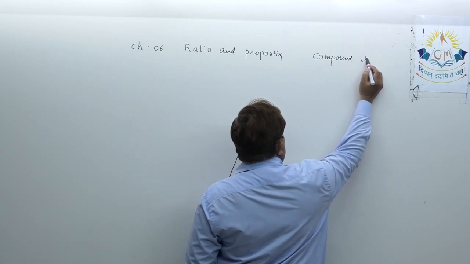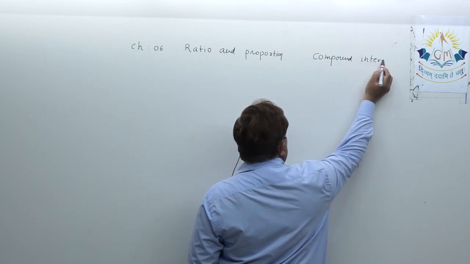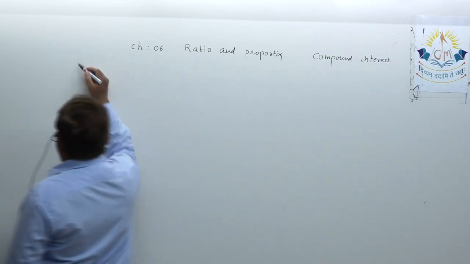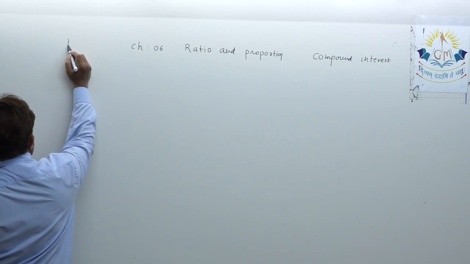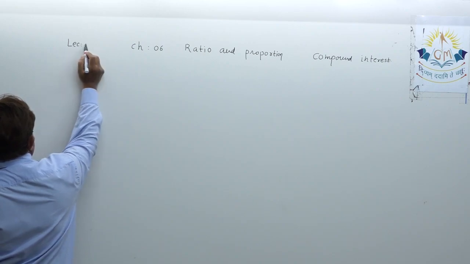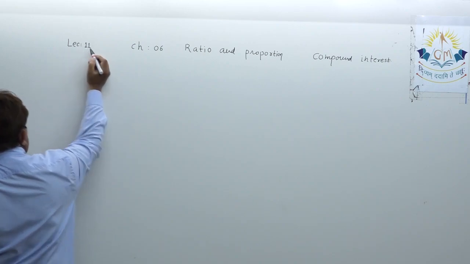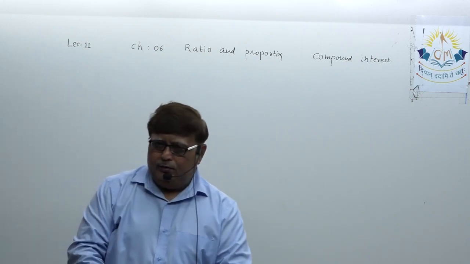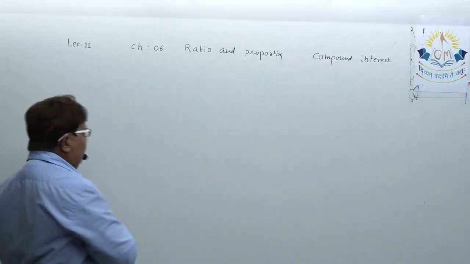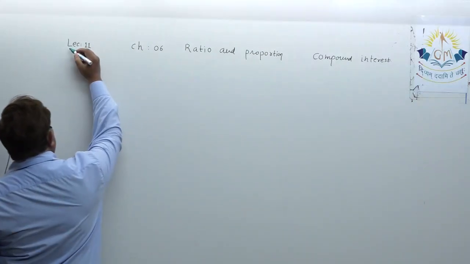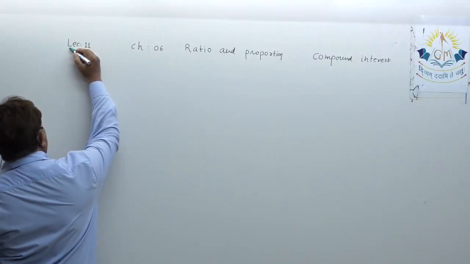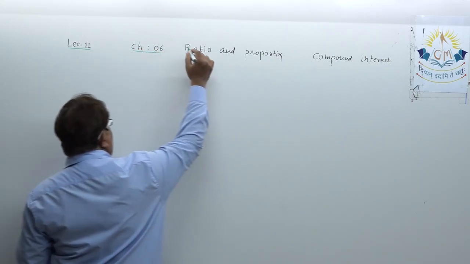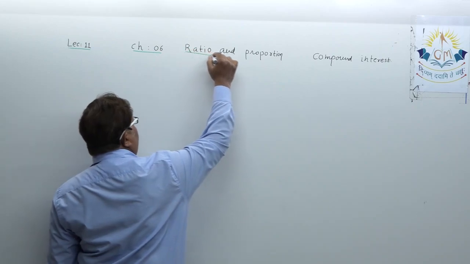We are covering the topic of compound interest, right? And today, dear student, you are attending lecture number 11, where we are going to discuss some different types of examples. Before we start, I need to mention what we are going to discuss in today's lecture.